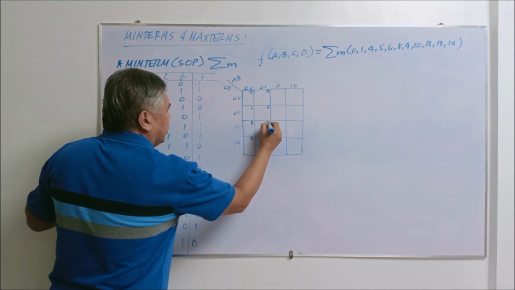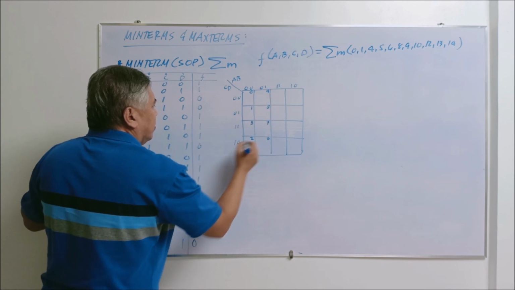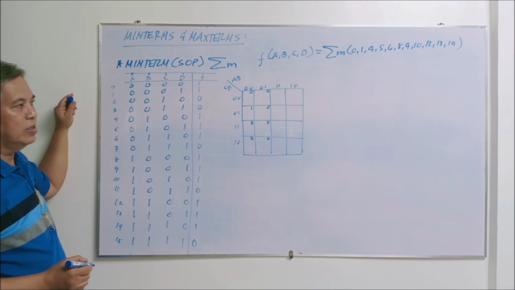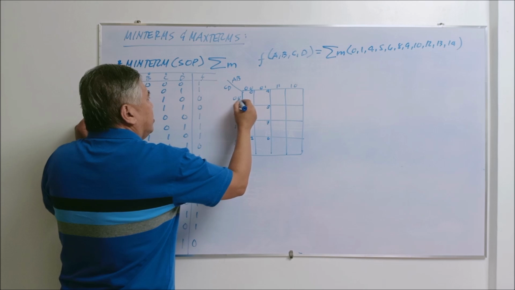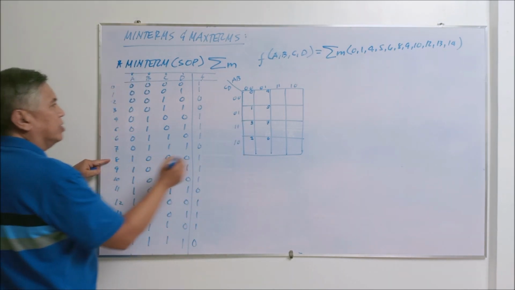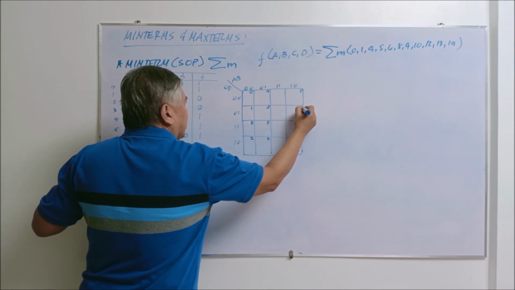And then here is 6, since 0, 1, 1, 0 is 6. And then here you have 1, 0, 0, 0, which is 8, so you place it here. Then this one here is 9.